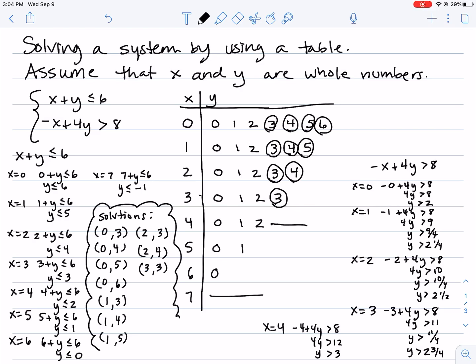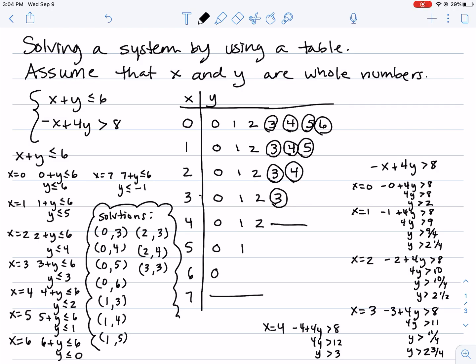What that means is for the solution (0, 3), when I plug in x equals 0 and y equals 3 into each inequality, both statements are true. So (0, 3) is a solution to our system of inequalities. (0, 4) is a solution. When I plug in x equals 0, y equals 4 into each inequality, it makes each inequality true. Therefore, it's a solution.